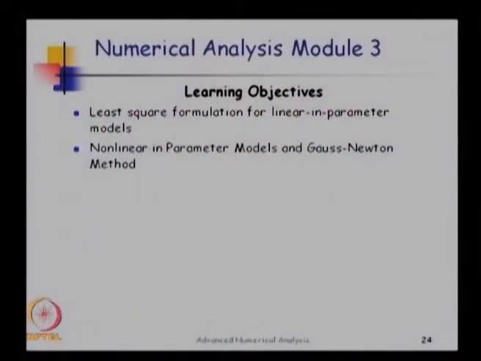In particular we are going to look at a method called the Gauss-Newton method. This Gauss-Newton method is a combination of least squares and Taylor series. So we will look at Taylor series approximation and least squares approximation.